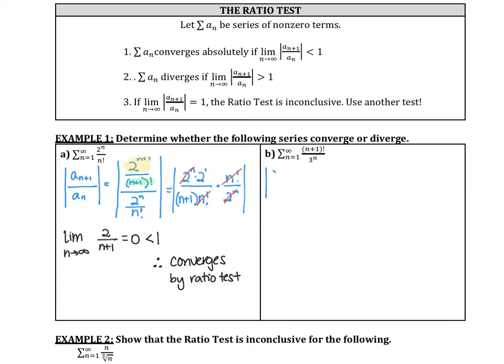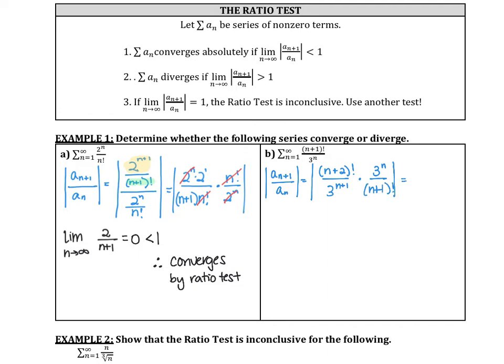What we're going to do first is take a sub n plus 1 over a sub n, and the way I'm going to write that is as two fractions being multiplied. So I would have n plus 2 factorial over 3 to the n plus 1 times 3 to the n over n plus 1 factorial.